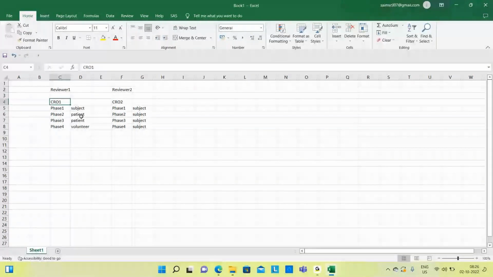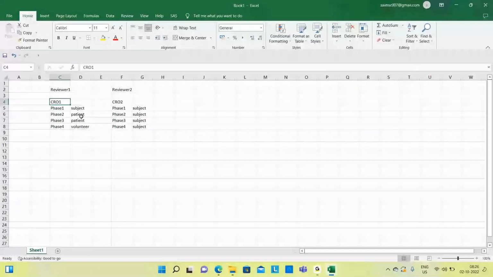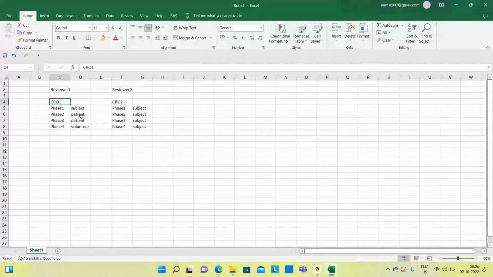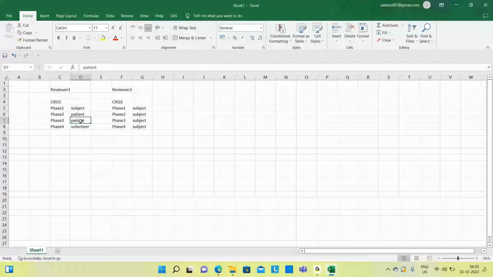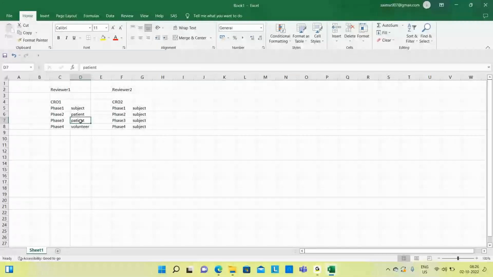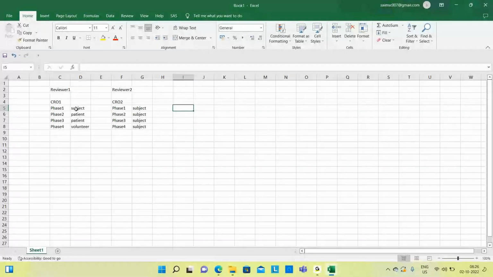Phase 3 data was supposed to be checked and was pending. So whenever the study has come, here phase 3 data has come. So in confusion, he has to go through phase 1, phase 2, phase 3, right?